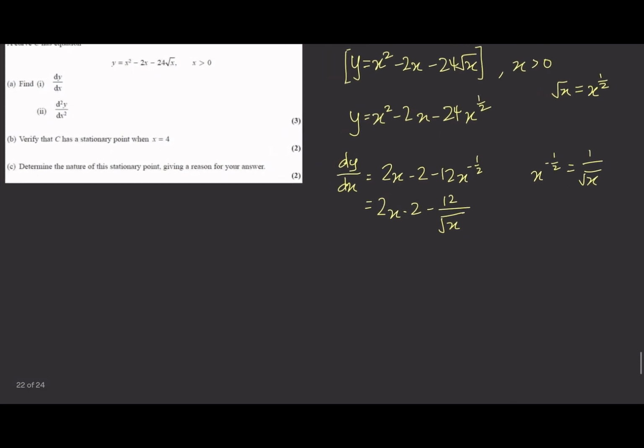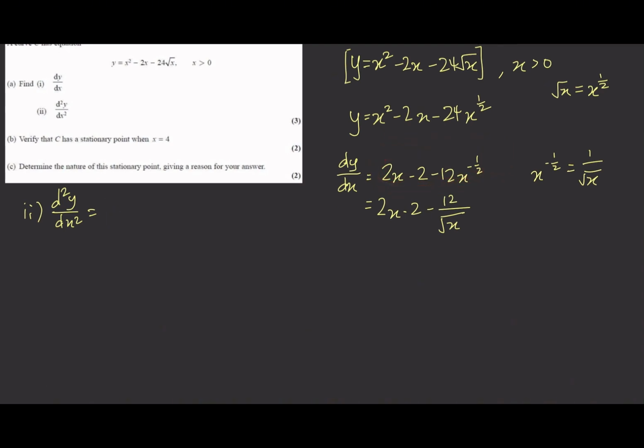Okay, now for part 2, I want to find d2y/dx squared, the second derivative. We just easily derive the function again.